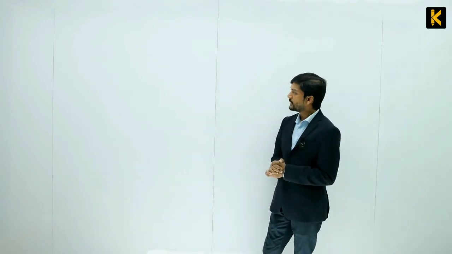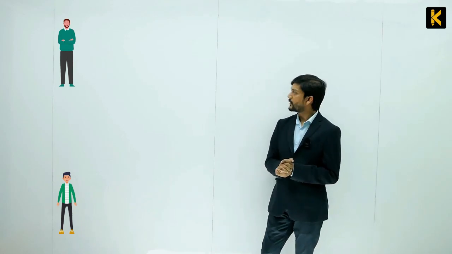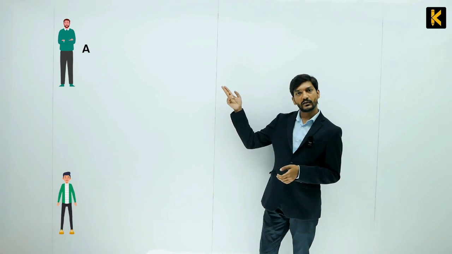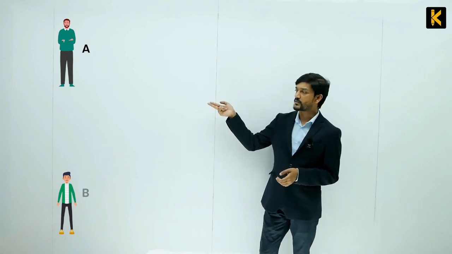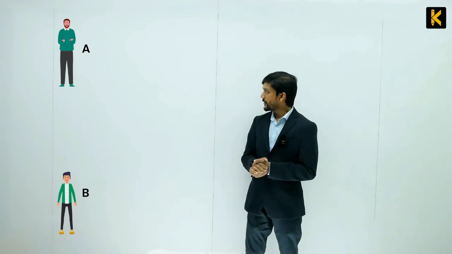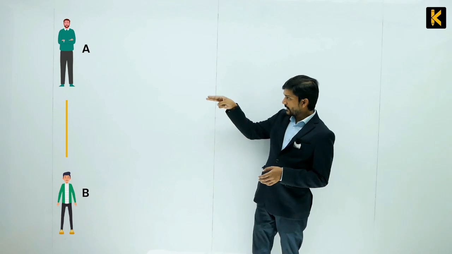So let me take two persons and let me take both are male. Okay. Both are male. So there is a person A, that is also a male. There is a person B, and that is also a male. Please see, both the persons I have represented with a line like this.